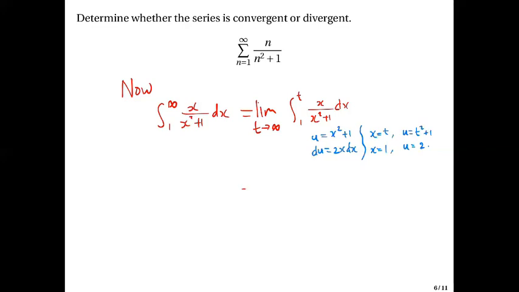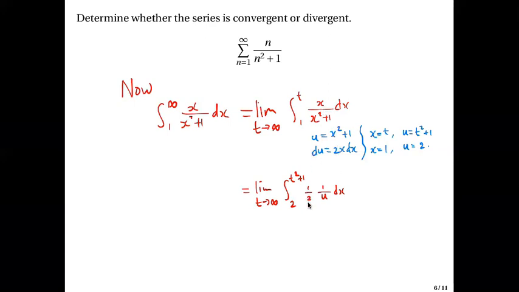Which means that we now have the limit as t approaches plus infinity of the integral from 2 to t squared plus 1 of 1 half, and then 1 over u du.